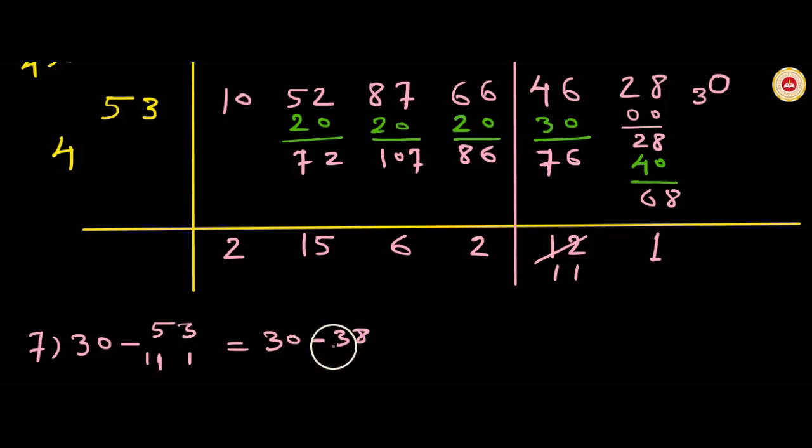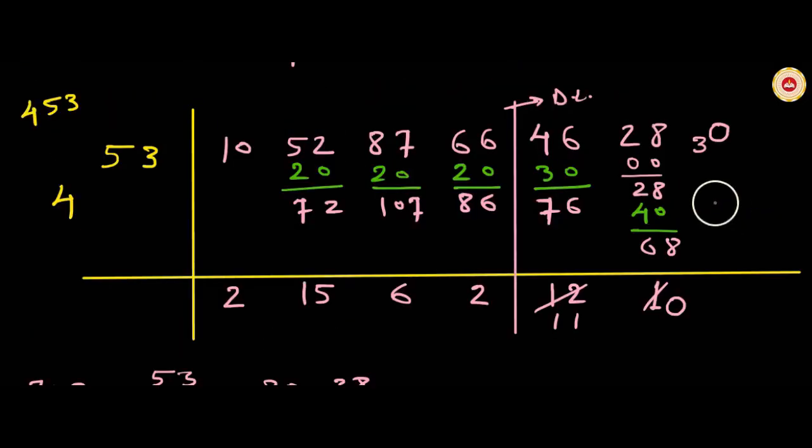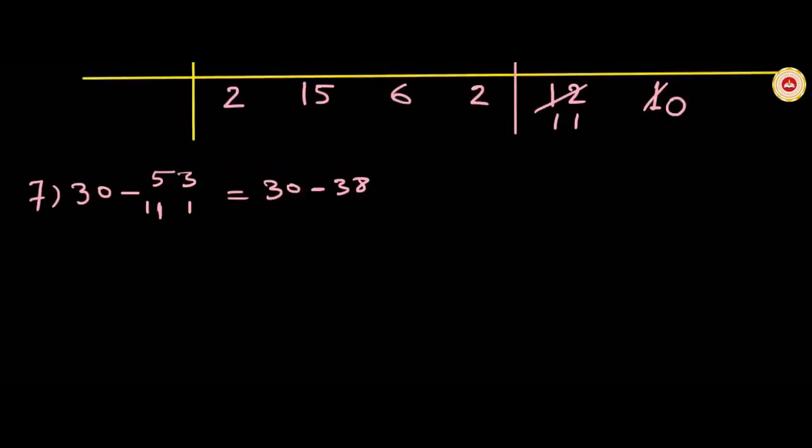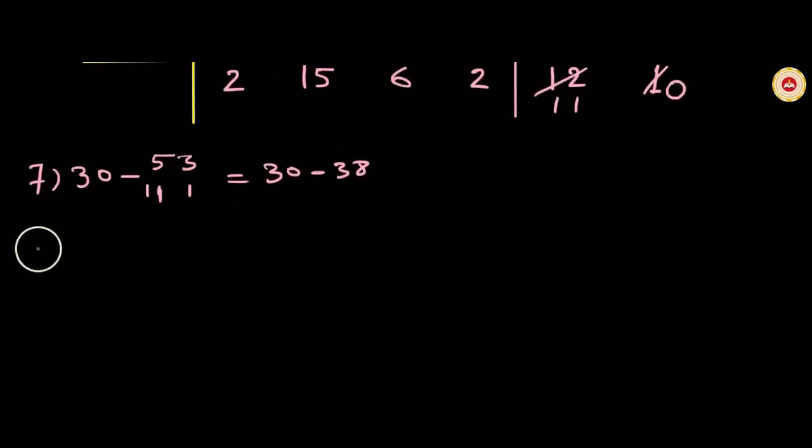This time also the net dividend will be negative, 30 minus 38. So let us reduce the last quotient by 1. Write 0 here. At the same time, increase the remainder by the value of the divisor: 3 plus 4, 7. Write 7 here and cancel this 3. Now read these two digits as 70. 70 is the new gross dividend. Correct?